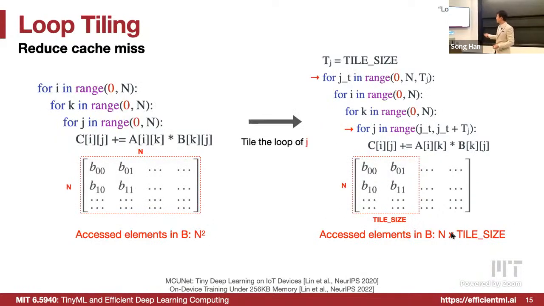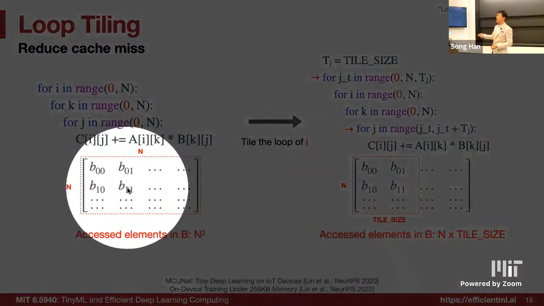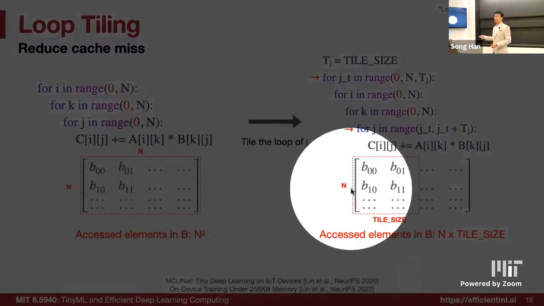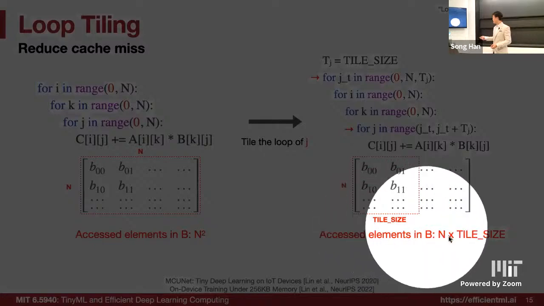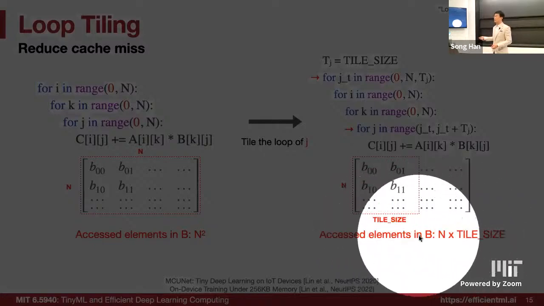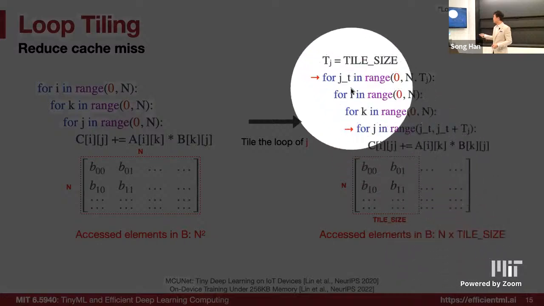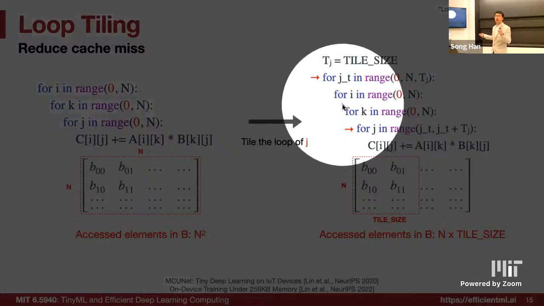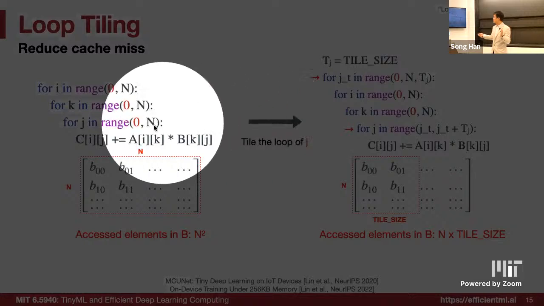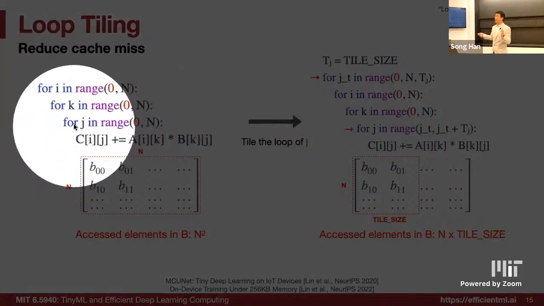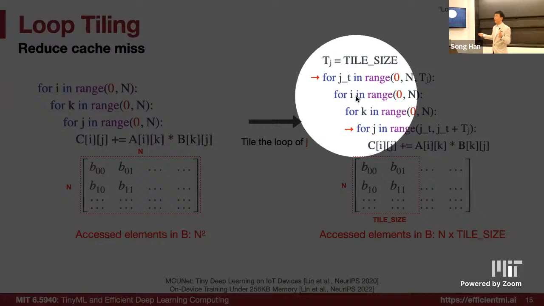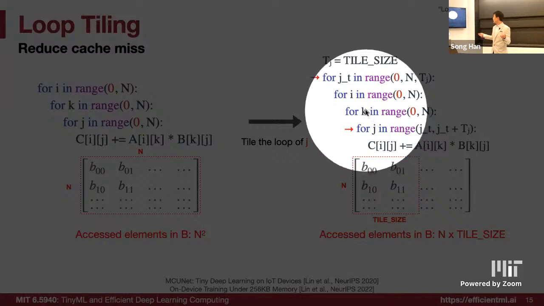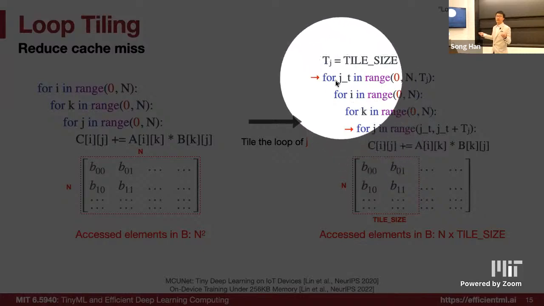So rather than accessing an n squared memory footprint for the B matrix, we want to tile it. Rather than n squared, we want to do n times the tile size. We want that to be our footprint. So we can tile it by adding one more for loop right here. Previously, there were 3 for loops, I, J, K. Now, how many for loops? We have 4 for loops here: I, J, K, and also a J tile, Tj.